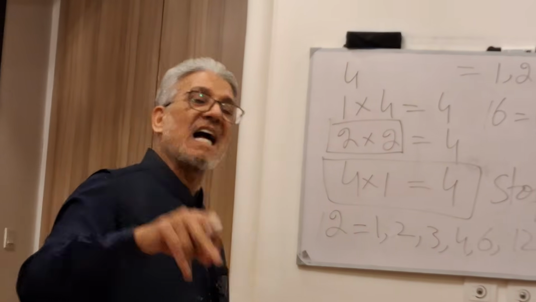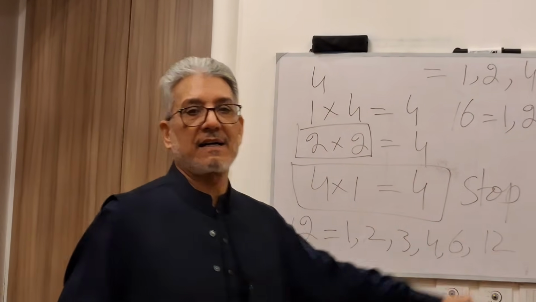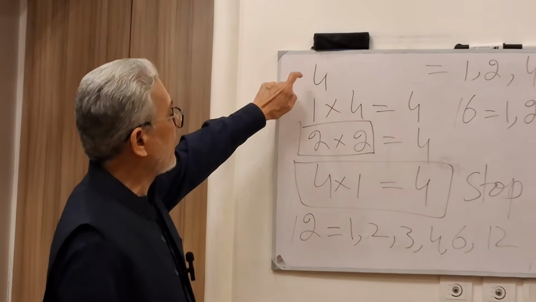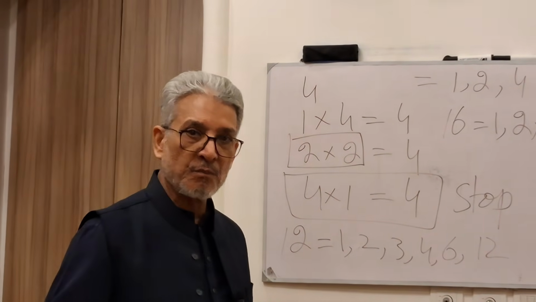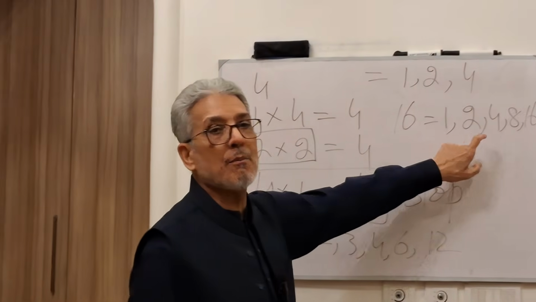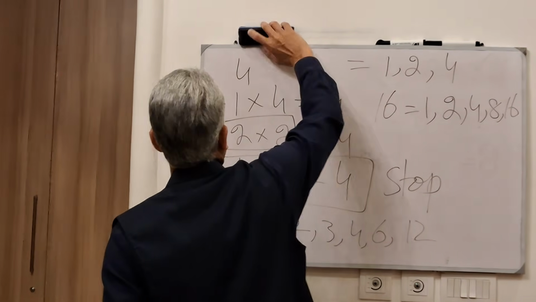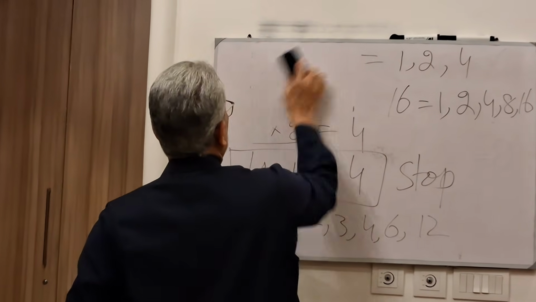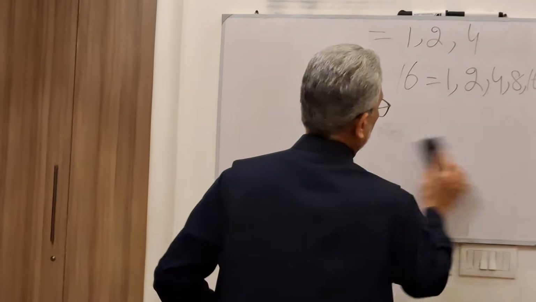So the number which is not a perfect square will have an even number of factors. And the number which is a perfect square, 4 or 16 or 25 or 36, will have an odd number of factors. So you should remember this fact and this rule also.